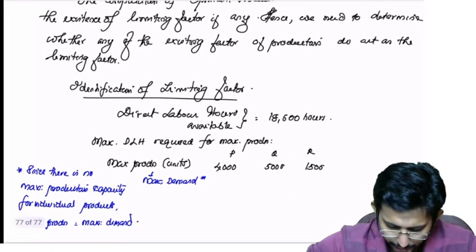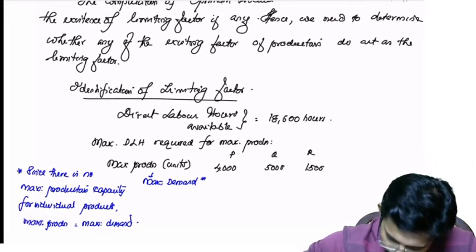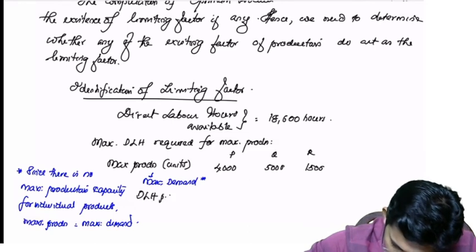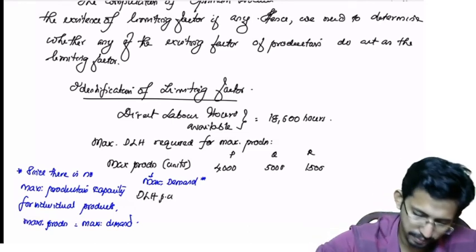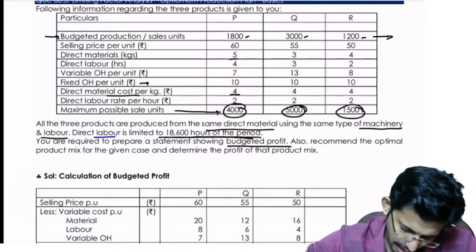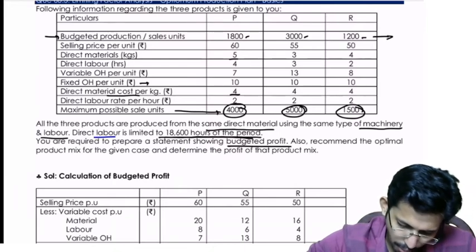Now what do you have to do? You need to compute maximum DLH required for maximum production. So DLH, the direct labor hours per unit. How do you compute this? Direct labor hours per unit is given 4, 3 and 2.